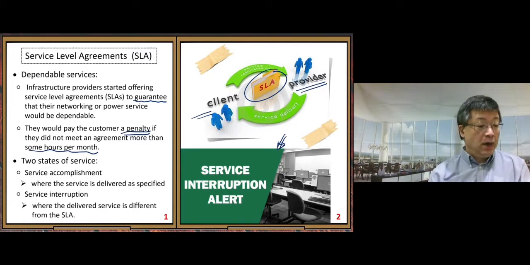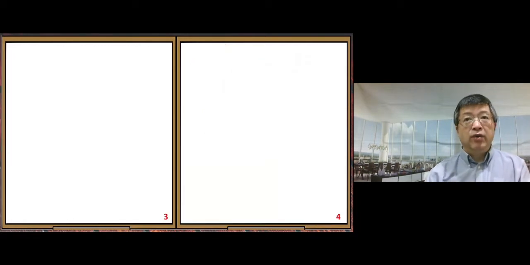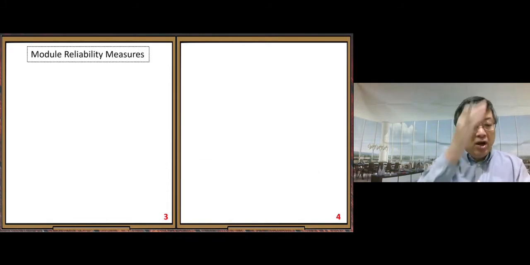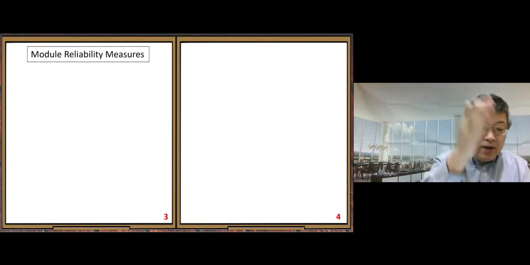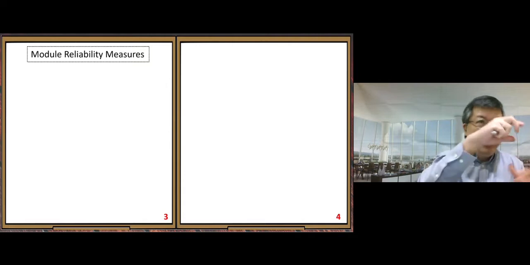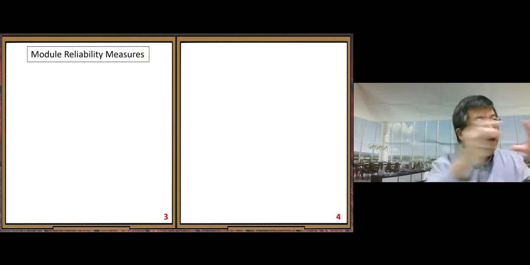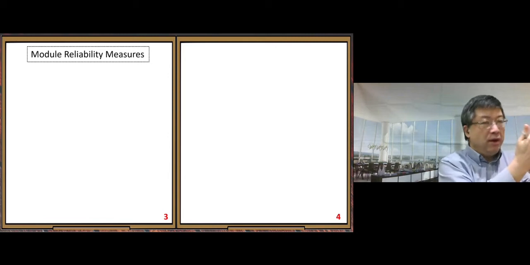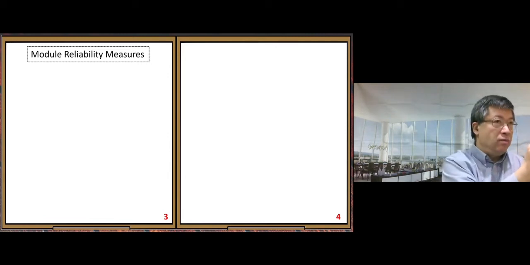Okay. All right, so next, we want to look at the measures. We call it module reliability measures. Here we use the general term module. So every part, every component, we do not need to specify the detailed hardware part.